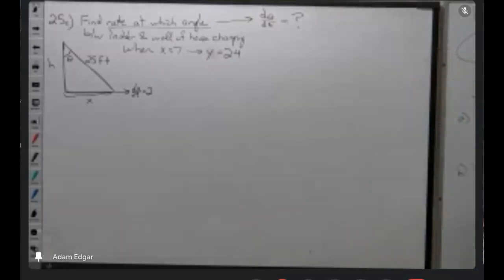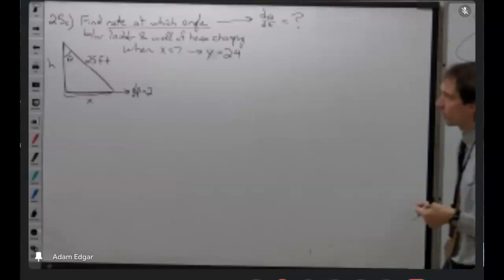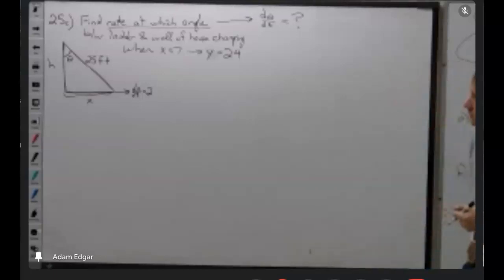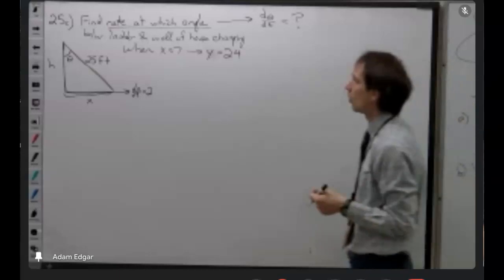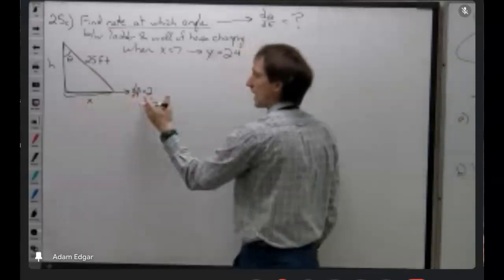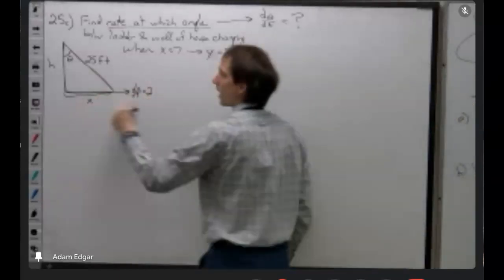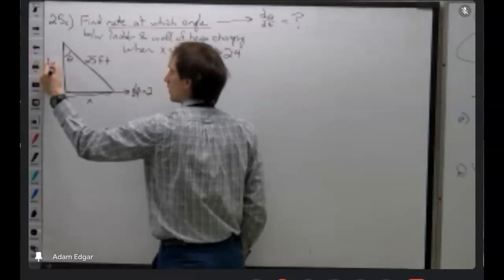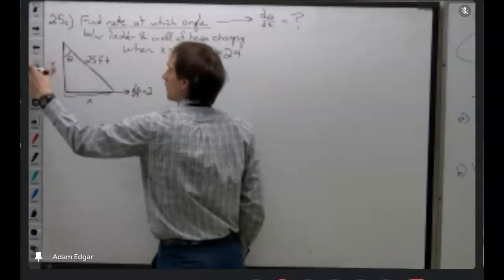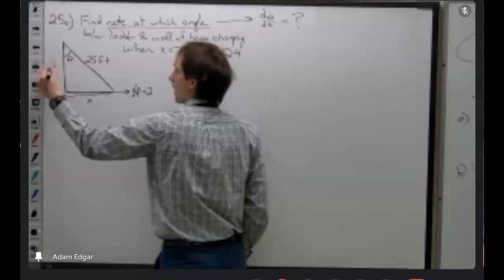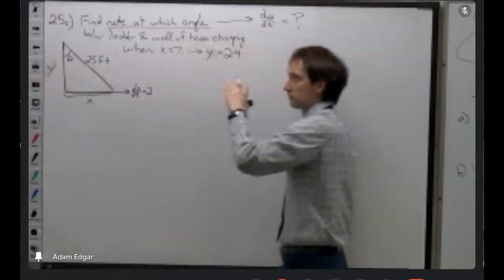Oh boy. So what trig function do you want to use for talking about theta? Keeping in mind that we know x and dx dt. We do know y, but we don't know dy dt. And we also know the hypotenuse, and that's a fixed value, so we might want to include that.